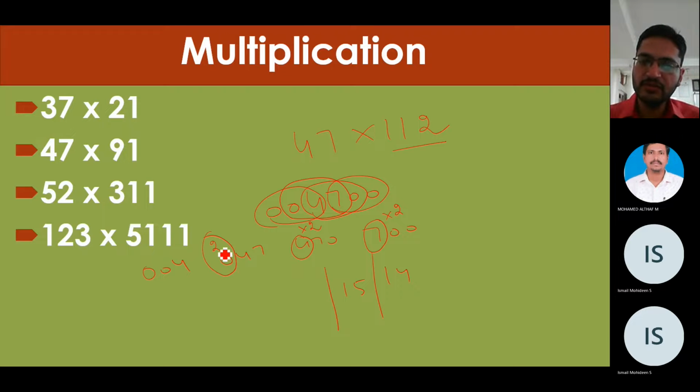Multiplying with the 2, 0 plus 4 plus 7, that is 11. Now multiplying with the 2, 0 plus 0 plus 4, 4. Now we will apply balancing rule. 4, 6, 2, 5. So answer is 5, 2, 6, 6, 6, 4.